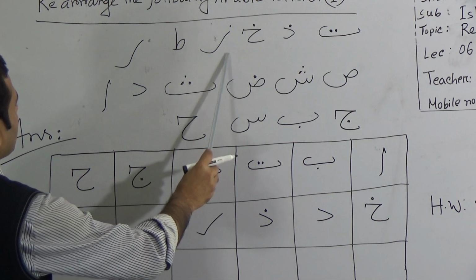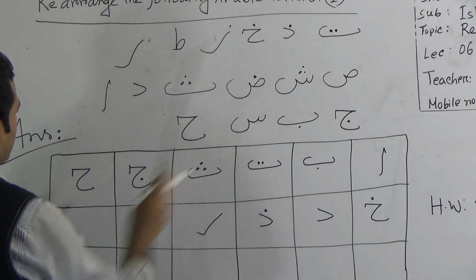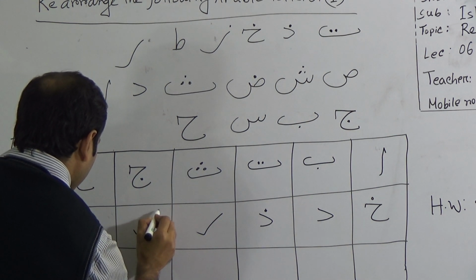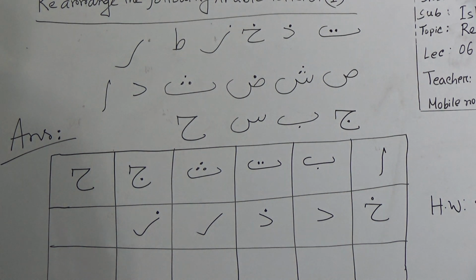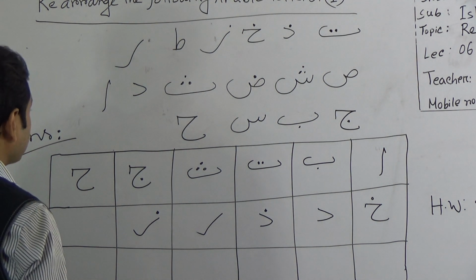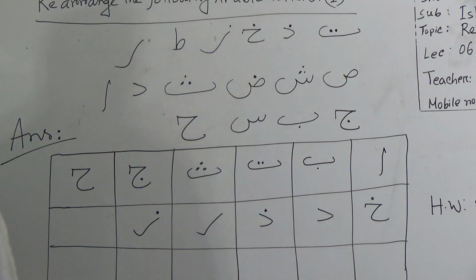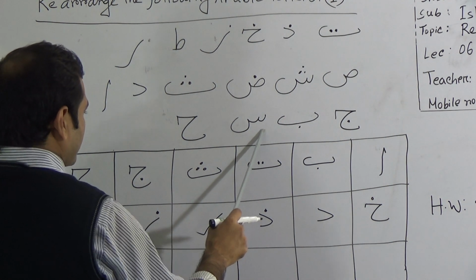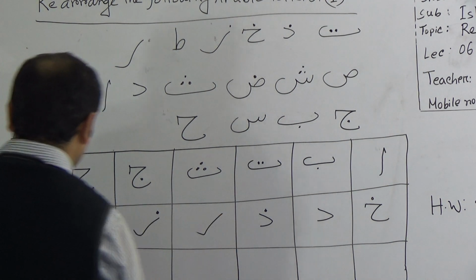The za is written in the first line also. So we will write here ra, za. Now which letter comes after za? Sin. Sin comes after za. Where is sin? Sin is written in the last line. So we'll write sin.